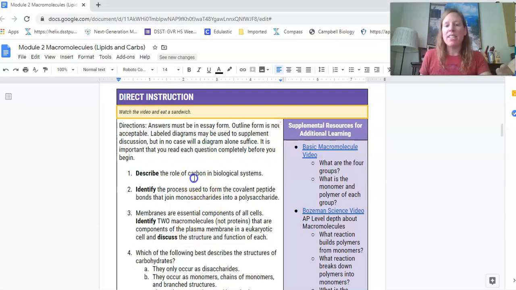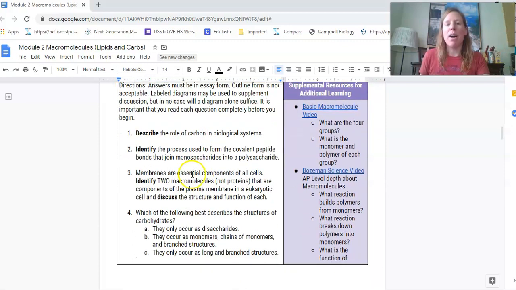So thinking about this, our first FRQ question, also I wanted to point out, notice that here it says describe. Every FRQ question has a bolded word that you should be focusing on. So this one says describe.